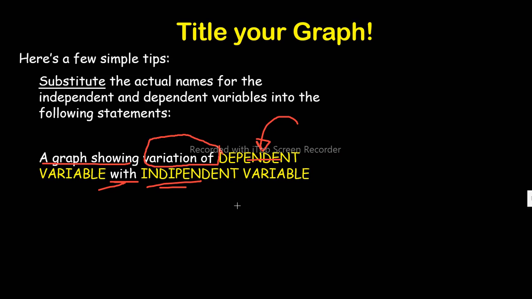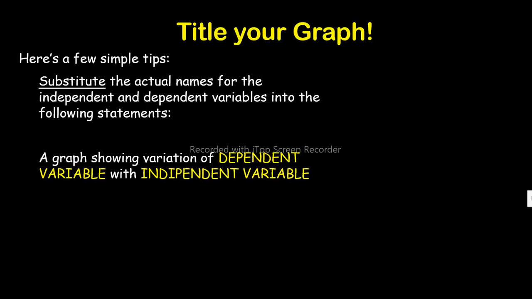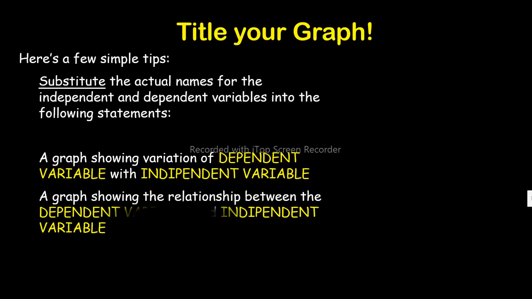That is one skeleton. Another skeleton is, in case variation becomes hard, you can use relationship. It is also okay. And it's the relationship between the dependent variable and the independent variable. No units.